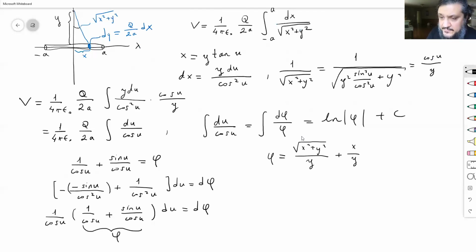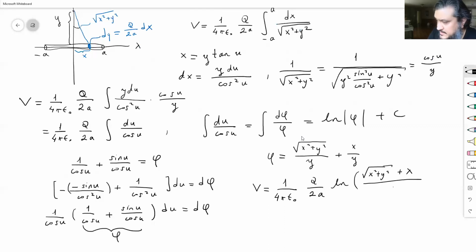So all I have to do now is to plug in those limits. So V will be equal to 1 over 4 pi epsilon 0 q divided by 2a times the logarithm of the square root of x squared plus y squared over y, plus x divided by y, and the limits are from x equals negative a to positive a.